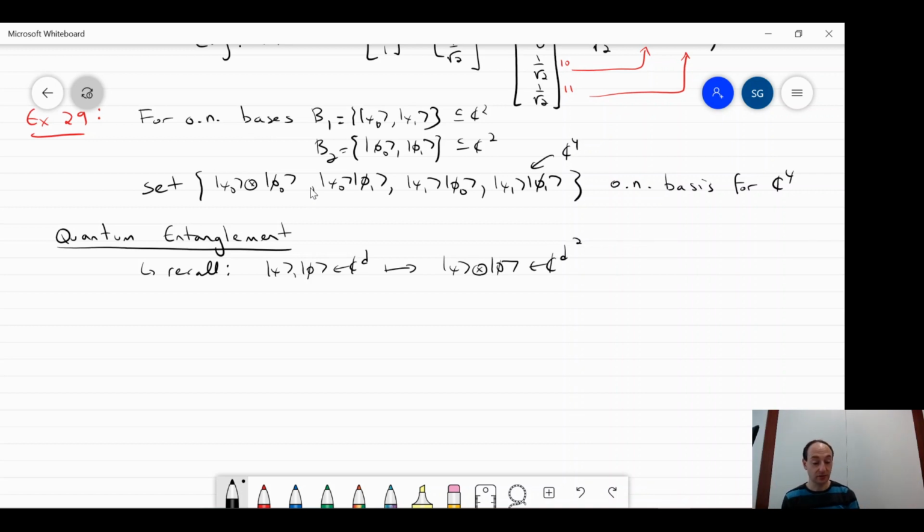The converse is not always true. There exist states, let me give it another name, let's say eta, in C^d squared, in the bigger space, such that there do not exist psi and phi in the smaller space such that the tensor product gives you the bigger vector.